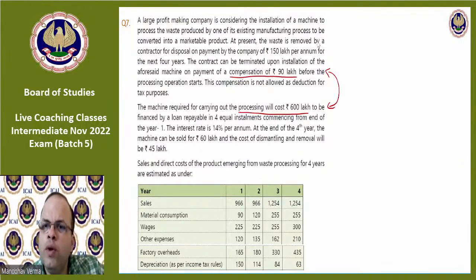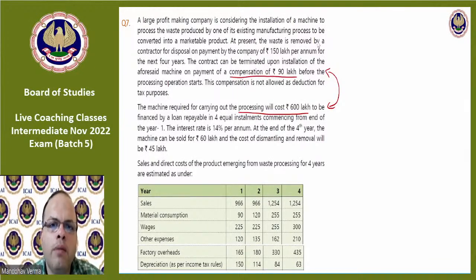Does this make sense to everyone? Yes or no? So that is also included as an initial outflow, the 90 lakhs. Can I get a confirmation, guys? Yeah.